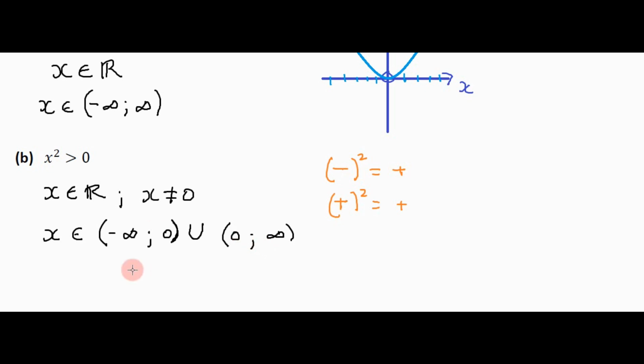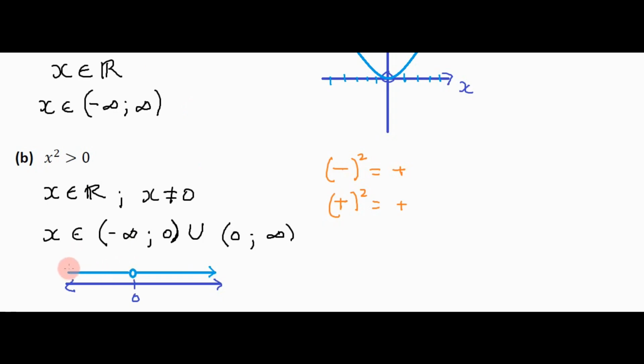Let's say we want to express this solution on a number line. We draw the x-axis. We're going to exclude 0. Now we draw a circle at 0 to show that we are excluding 0. And we draw an arrow pointing to the right of 0 to show that it's all positive real numbers. And then also an arrow pointing towards the left of 0.